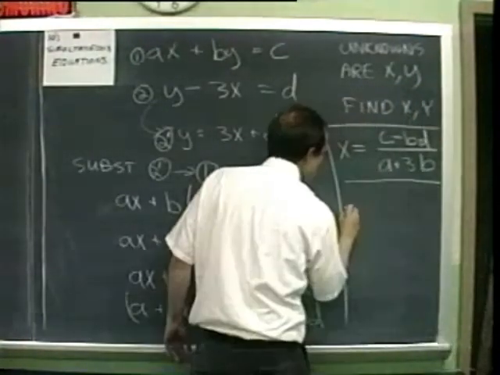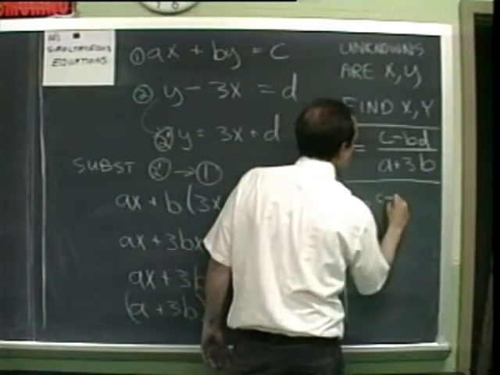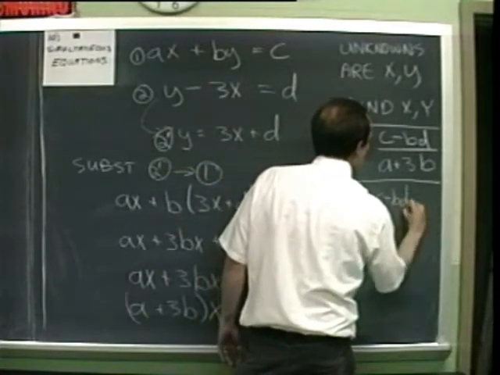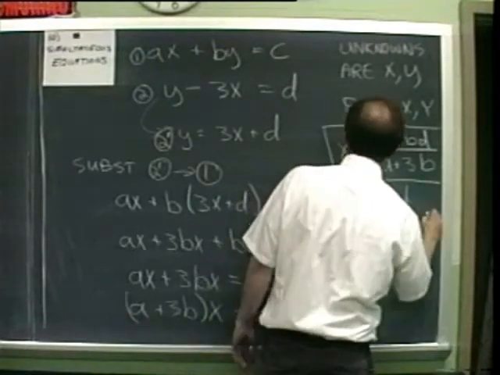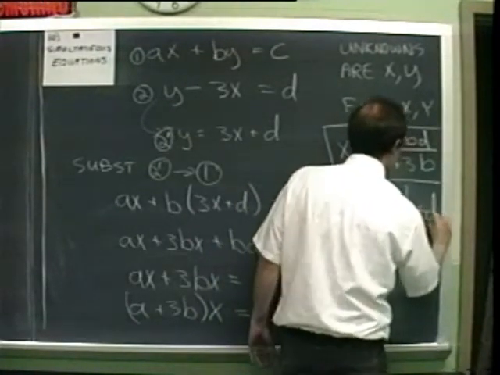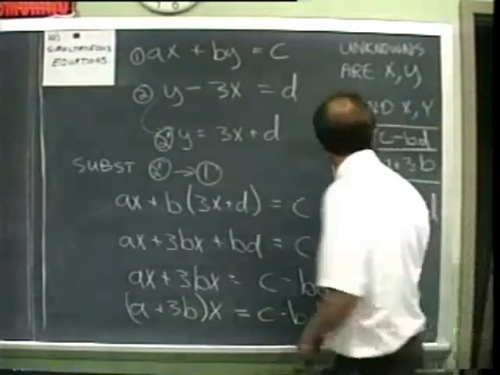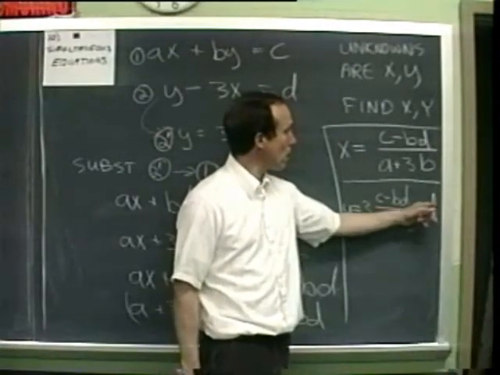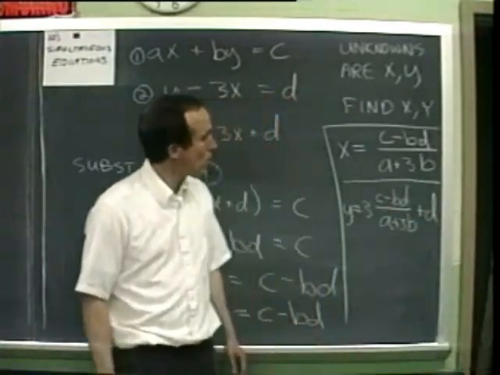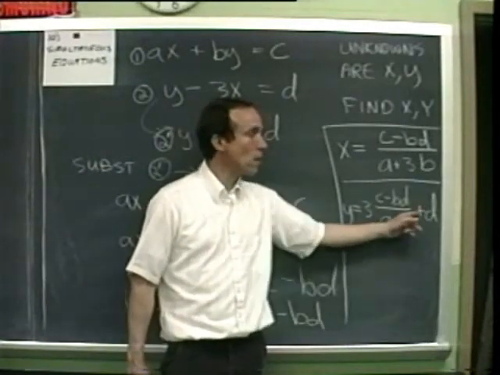I get y is equal to 3 times the c minus bd all over a plus 3b, plus d. And I'll leave it at that. I could put these over a common denominator and combine some terms in the numerator, but this is a solution. Y is equal to 3 times this fraction plus d.